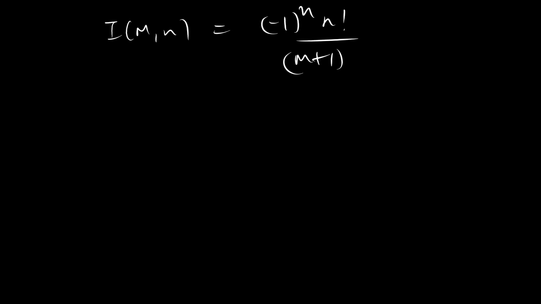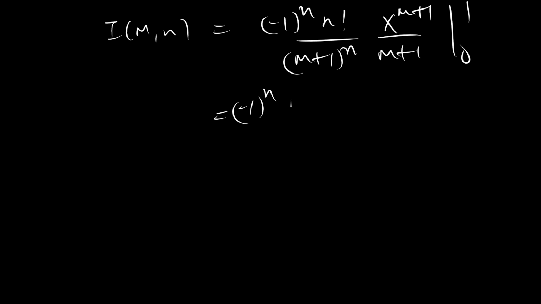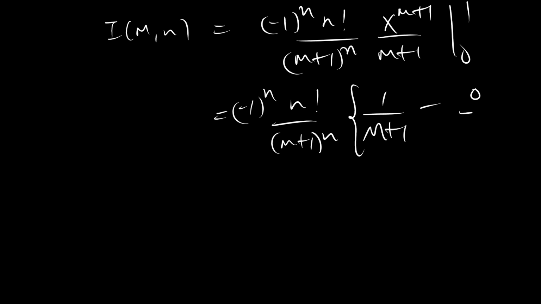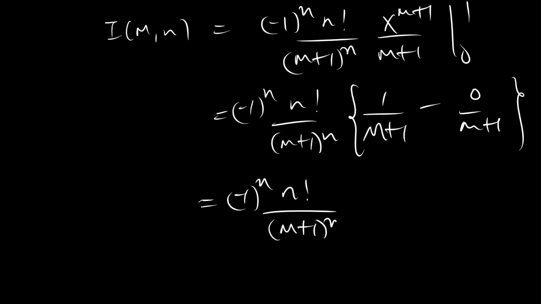So since we saw that I_{m,n} is equal to negative 1 to the n factorial over m plus 1 to the power n, and we have x^(m+1) over m plus 1 from 0 to 1, we clearly see that this is the same as 1 to the m plus 1 minus 0 over m plus 1, which means that we have negative 1 to the power n factorial over m plus 1 to the power n plus 1.